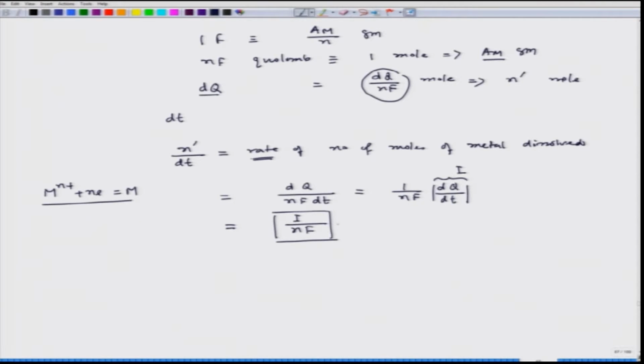Now, this is also indicating the corrosion rate in the form of number of moles dissolved per unit time, but it is not taking care of the area. Area is very important, as we discussed in our last lecture, because whenever corrosion happens, it is basically a surface phenomenon.